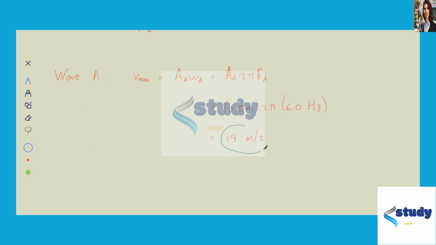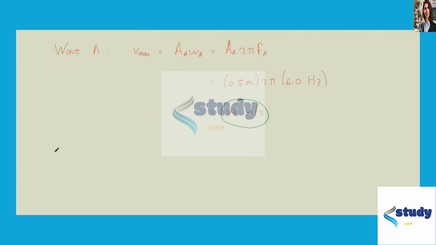Now we'll do the same for wave B. Again, the maximum speed, Vmax, is equal to the amplitude of the wave times the angular frequency, omega b.